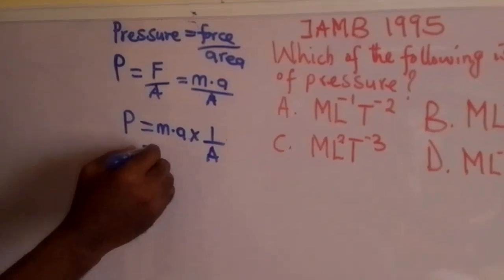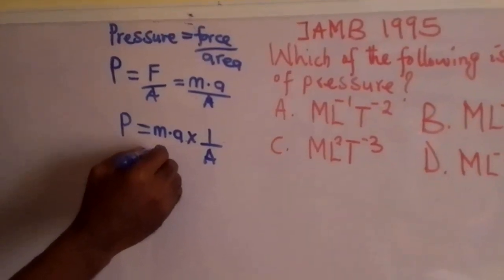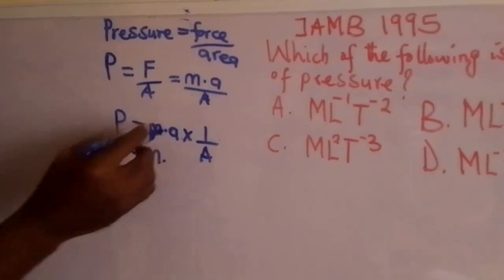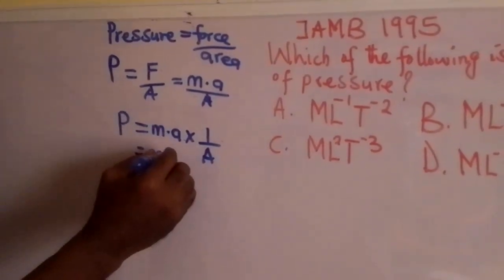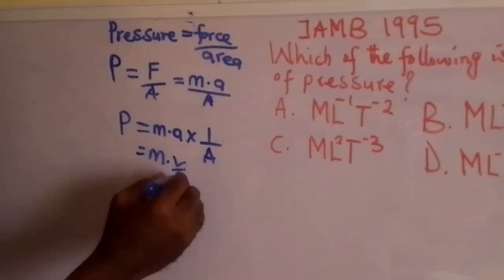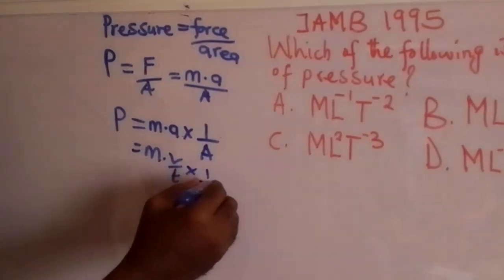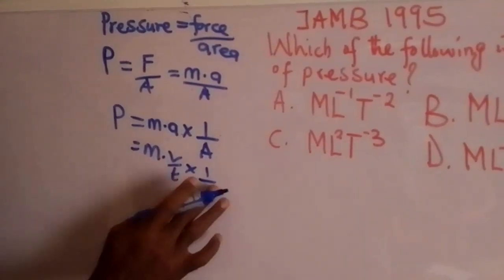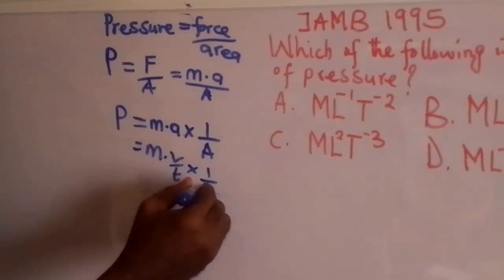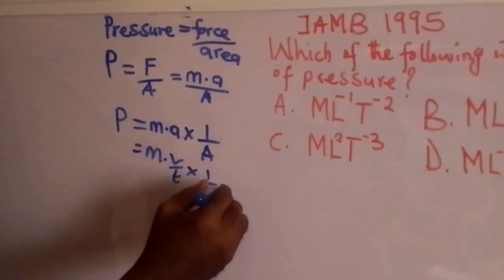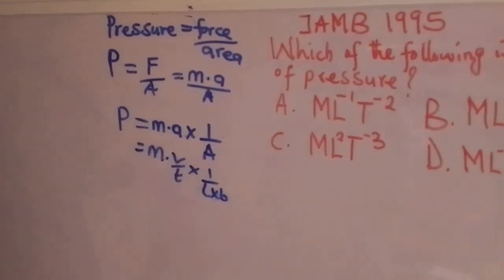So we see mass is simply mass. So just leave it where it is. Remember that acceleration is velocity divided by time. Then multiply by, of course, 1 over area here. Now, you can easily change area as length times breadth. It's the same.